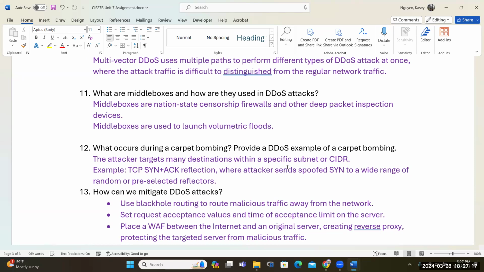We can set request acceptance values and the time of acceptance limit for the server. So for example, when it exceeds 500 seconds, it times out. Or how many requests it would accept, like 50 or 10, however many you deem.